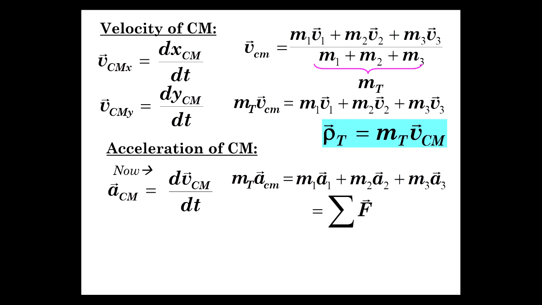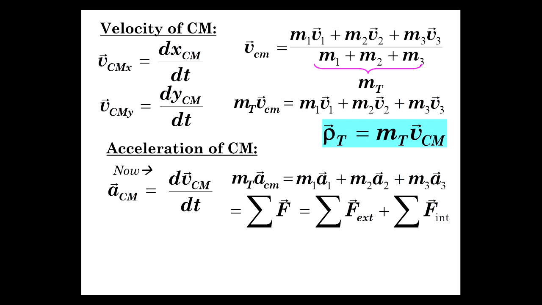So add them all up, and this gives us the sum of F, because of course sum of F is ma. And that's sum of the external forces plus the sum of the internal forces, but the sum of the internal forces always adds up to 0. So we basically just demonstrated that the sum of the forces is the rate at which the momentum changes, which you already knew.